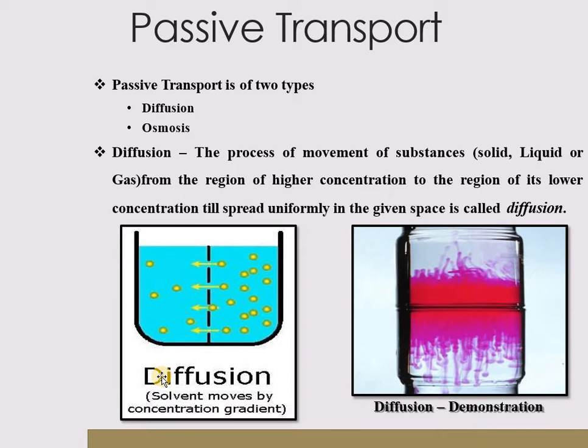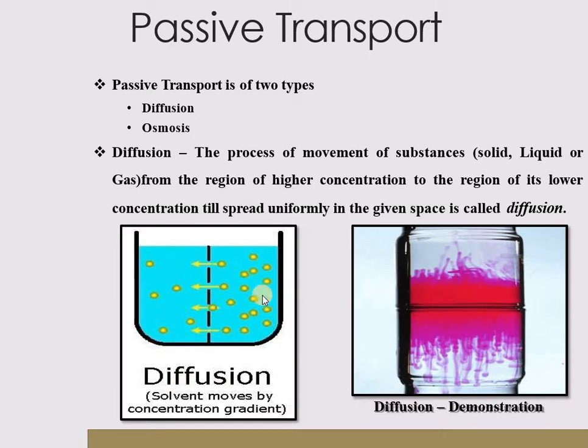So what is diffusion? Diffusion is the process of the movement of substances, maybe a solid or a liquid or a gas, from a region of higher concentration to the region of lower concentration till it spreads uniformly in the given space that is provided.